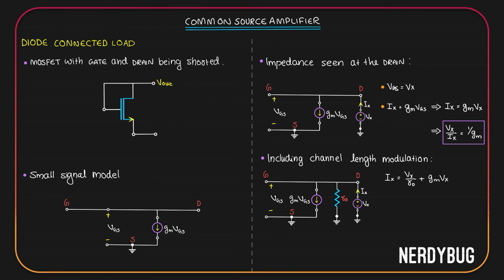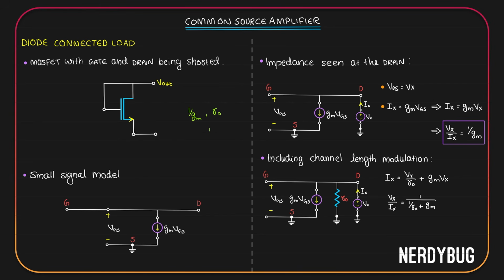Now, on the right hand side, we have Vx multiplied by 1 by r0 plus gm. What we want is Vx by Ix. It is easily 1 by (1 by r0 plus gm). What is that? Assume we have a resistance 1 by gm. We have another resistance r0 and they are in parallel with each other. What will be the equivalent resistance?